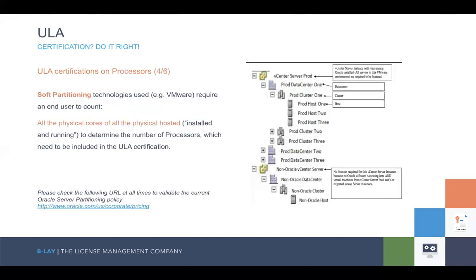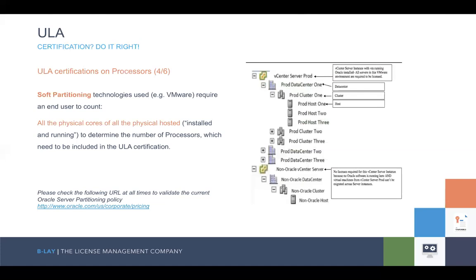Apart from that, the processor definition, of course, doesn't say anything about how to count the number of licenses in virtual environments. But if you are talking about deployments of Oracle on VMware, which is still the major virtualization technology that companies use, then you need to be aware that Oracle's standard licensing rules also need to be applied for a certification, which means if you're deploying Oracle on VMware, then in principle all the physical cores of all the ESX hosts that are part of the clusters, data centers, and vCenter instances on which the software is deployed are required to be included.